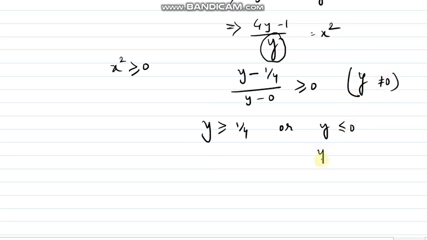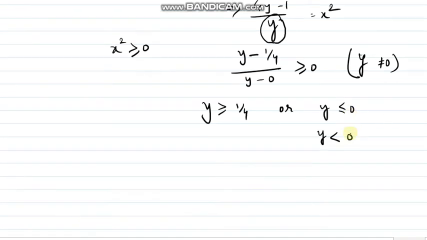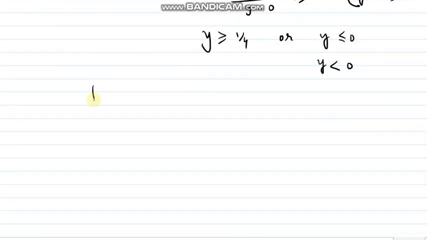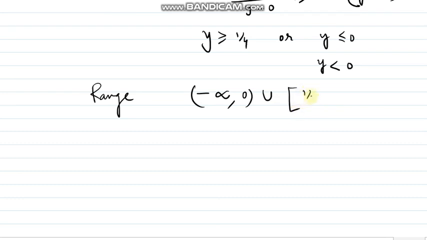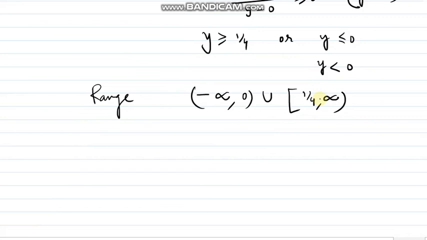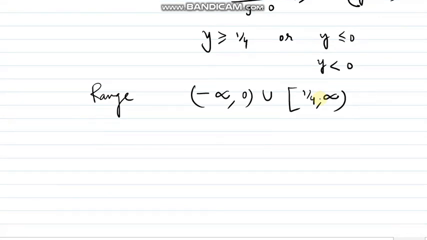So this will be only y less than 0, right? So the range of the function will be minus infinity to 0 union 1 divided by 4 to infinity. Is it fine? It will always be an open interval at infinity because the variable cannot be equal to infinity.